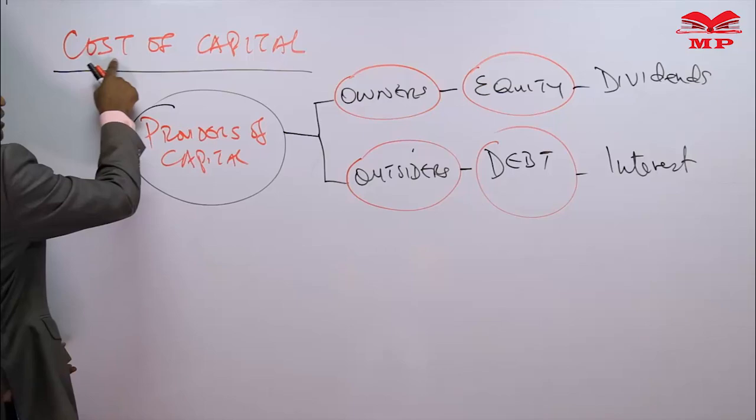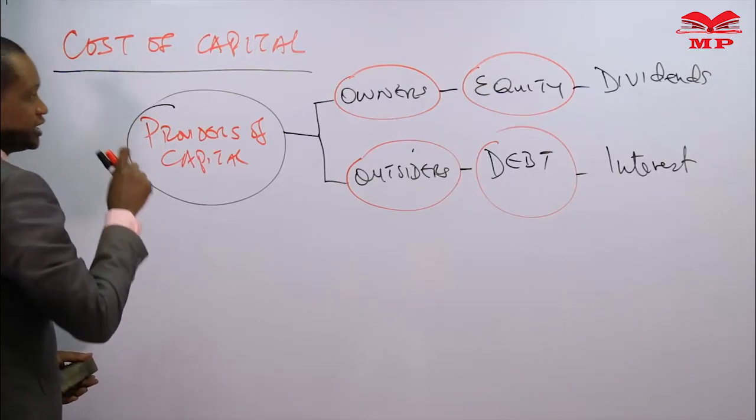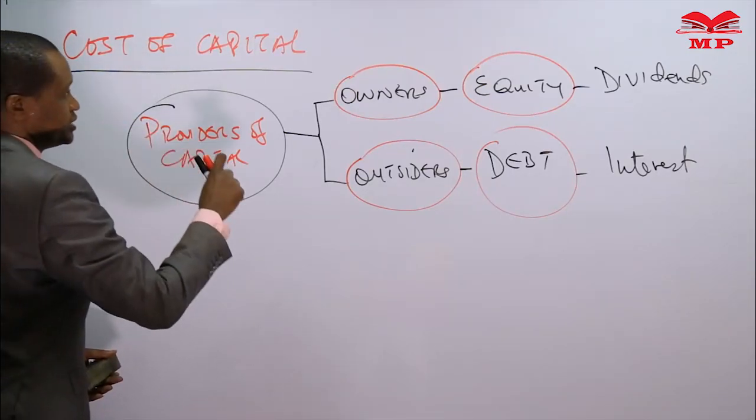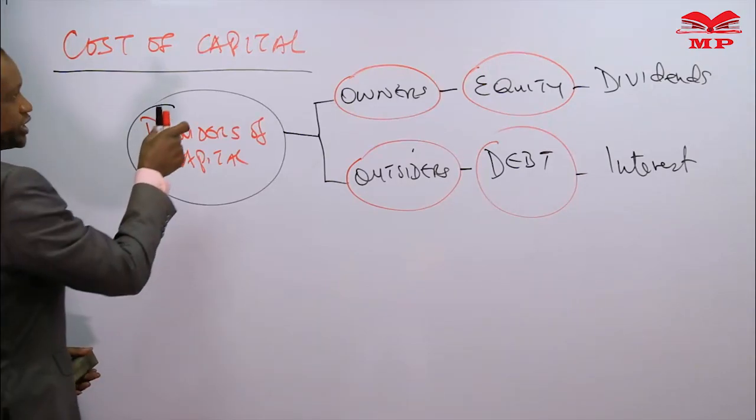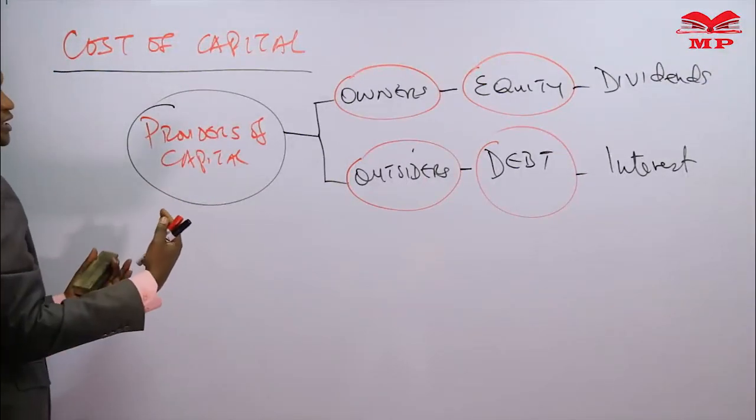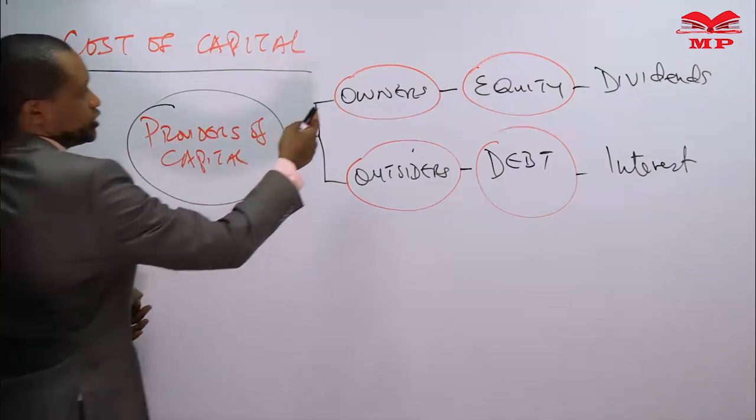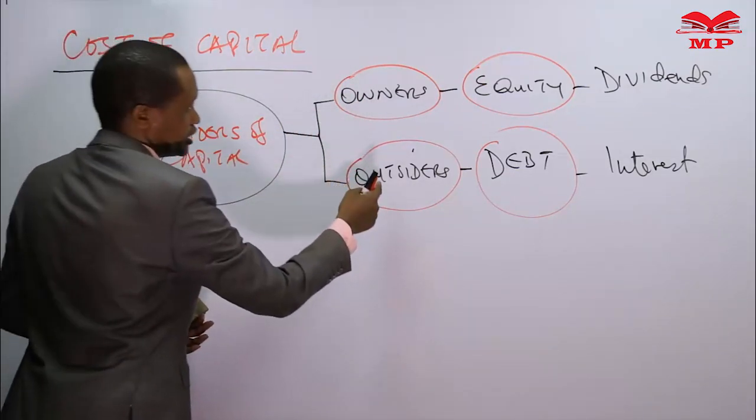This is the money that a company incurs or pays as a result of using capital that is brought within the business, either from the owners or from the outsiders.